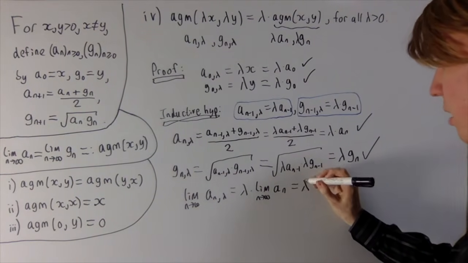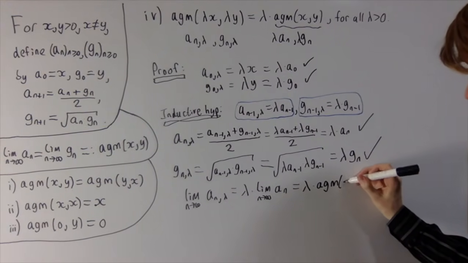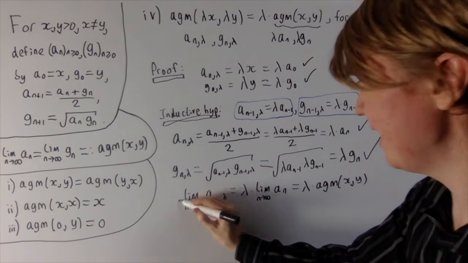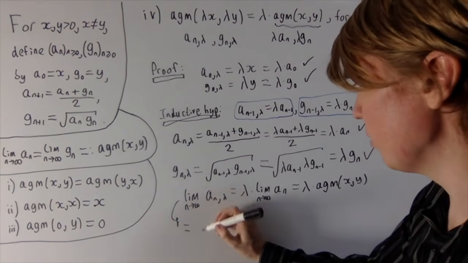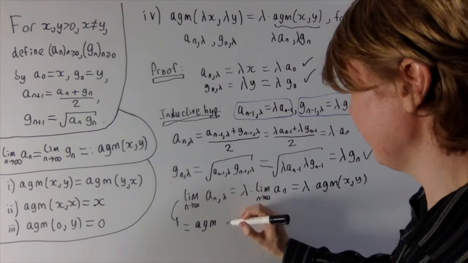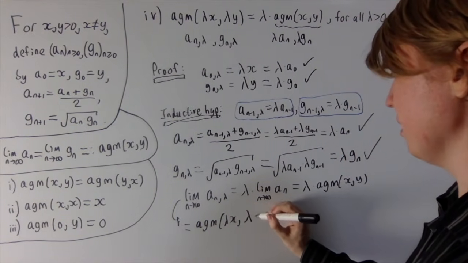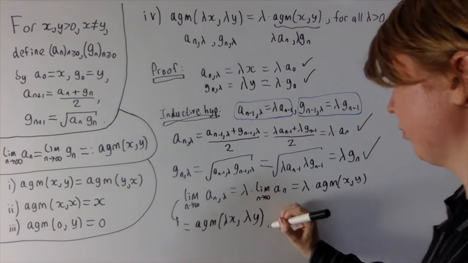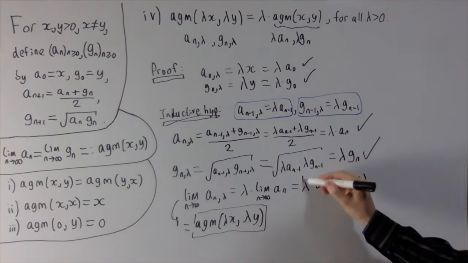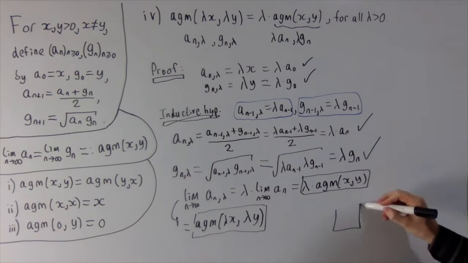And of course this is equal to lambda times the AGM of x and y. And then when we started with this limit, this is equal to the arithmetic-geometric mean of lambda x and lambda y. So we've shown that this is equal to lambda times the AGM of x and y, which is what we were trying to prove there.